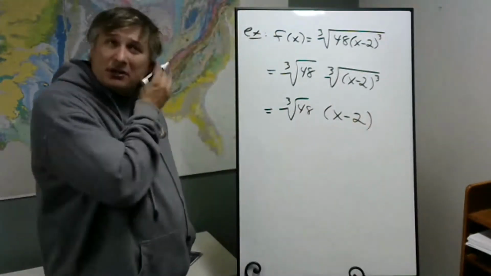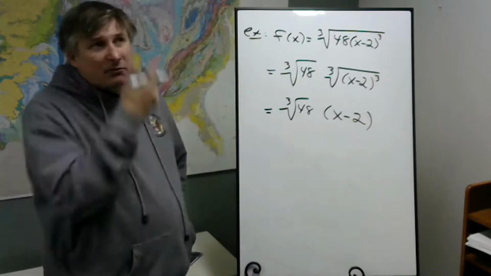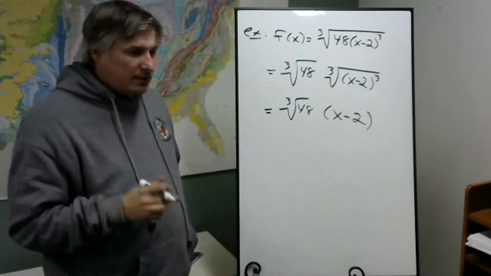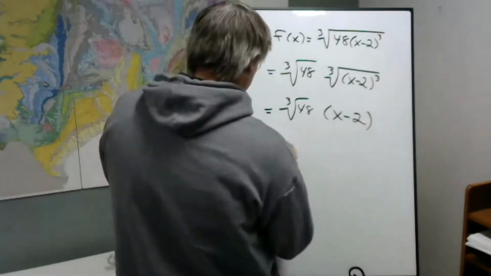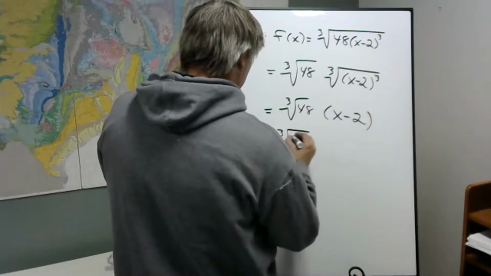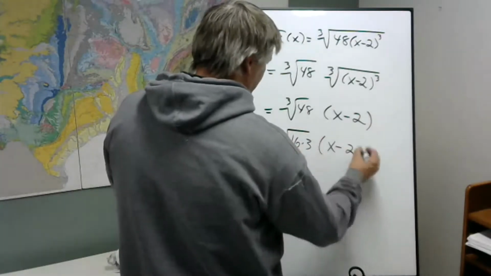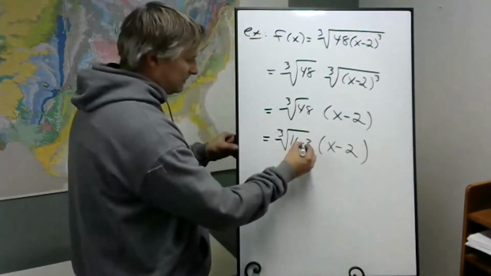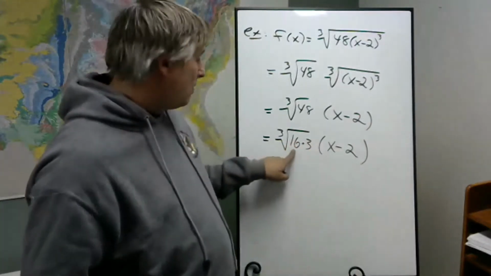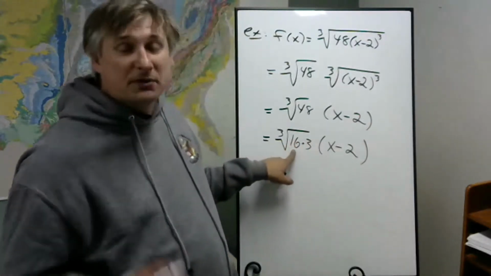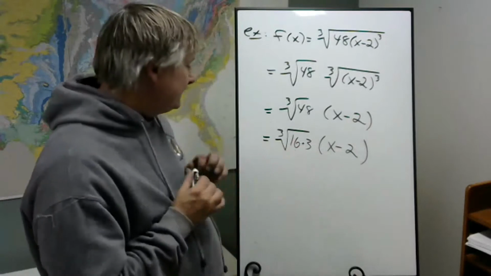Now 48 is kind of tricky. You could break this down different ways, but one way you could break it down is this. 16 times 3. And this, oh, wait, that won't work. This is a cube root. Oh.